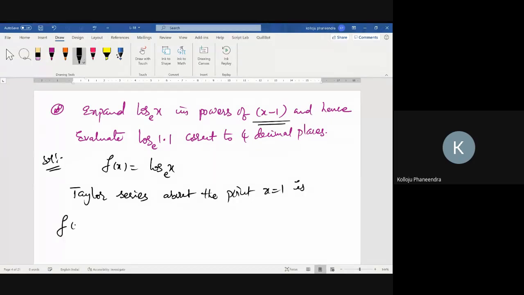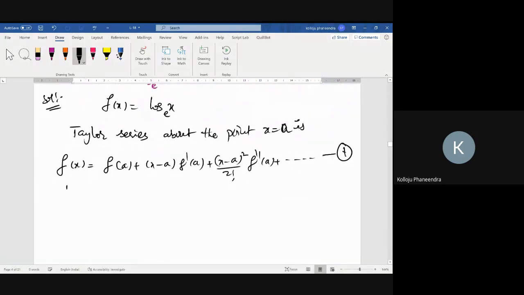Remember that. What is that? f of x equal to f of a plus x minus a into f dash a, x minus a whole square by factorial 2 f double dash a, and so on. Equation 1. Here a value is 1.